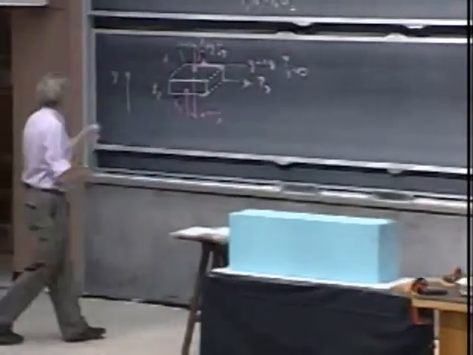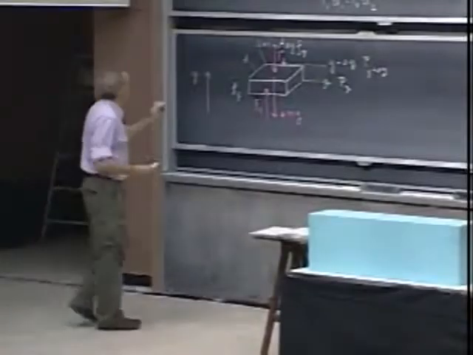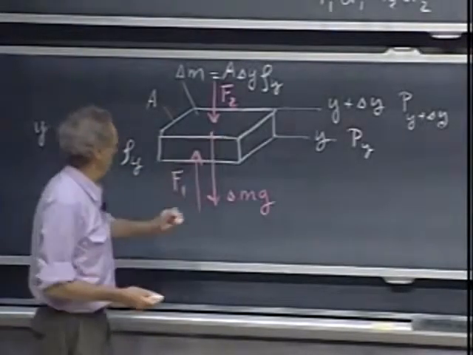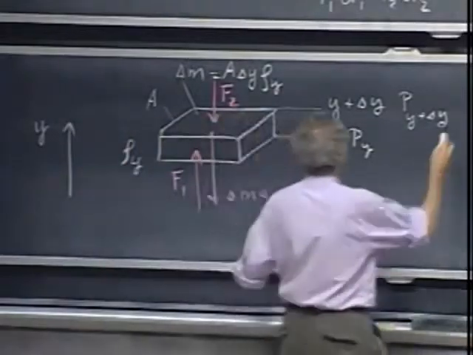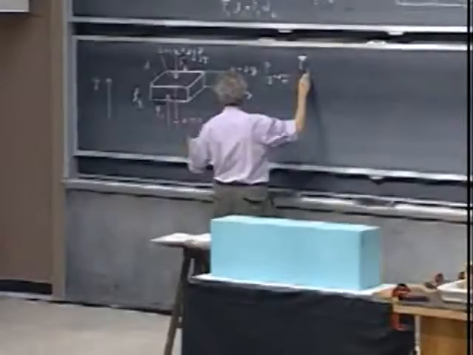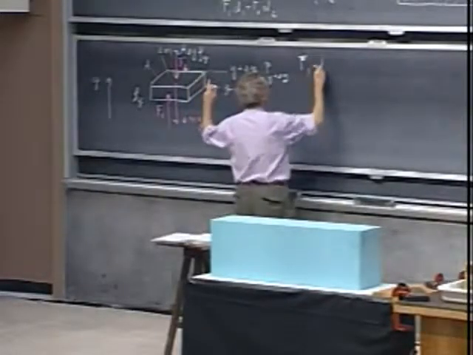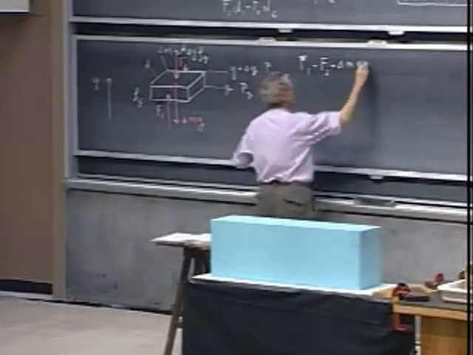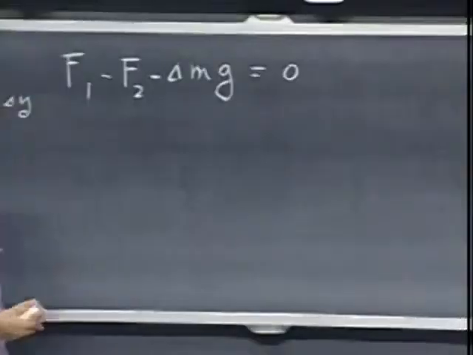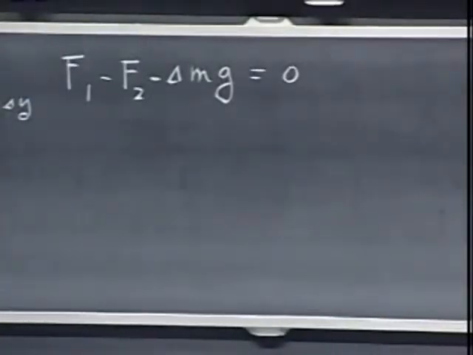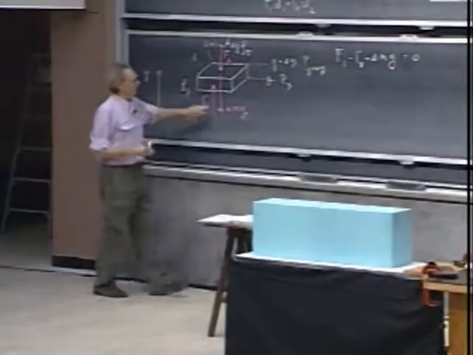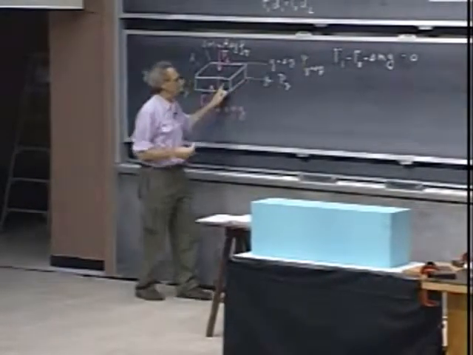So now there has to be equilibrium. This fluid element is not going anywhere, it's just sitting still in the fluid. And so I now have that F1, which is in this direction, minus F2, minus delta m g must be 0. Only then is the fluid element in static equilibrium. But F1 is this pressure times the area.